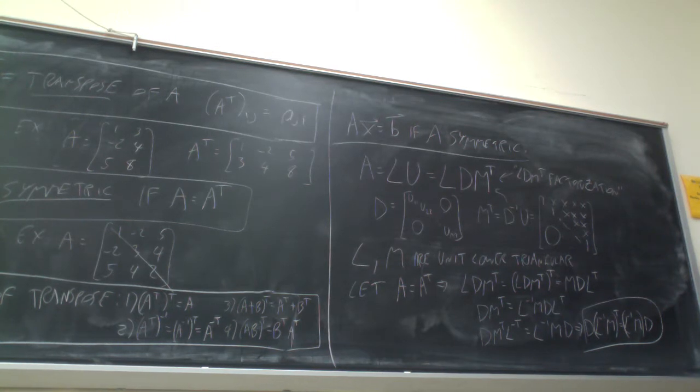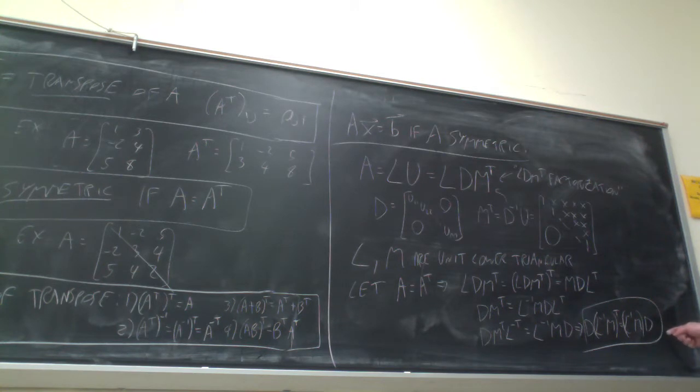Can anyone tell me the triangularity of the right side? The diagonal matrix won't affect anything. So is the right side lower or upper triangular? L and M are lower, and therefore M inverse and L inverse are lower.